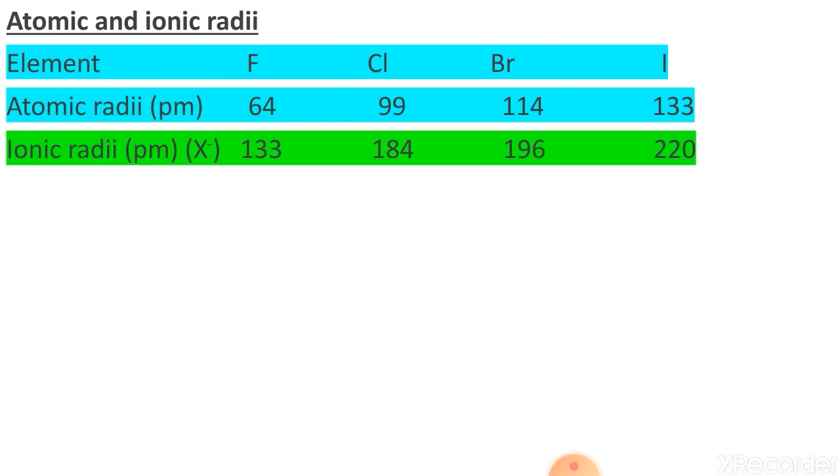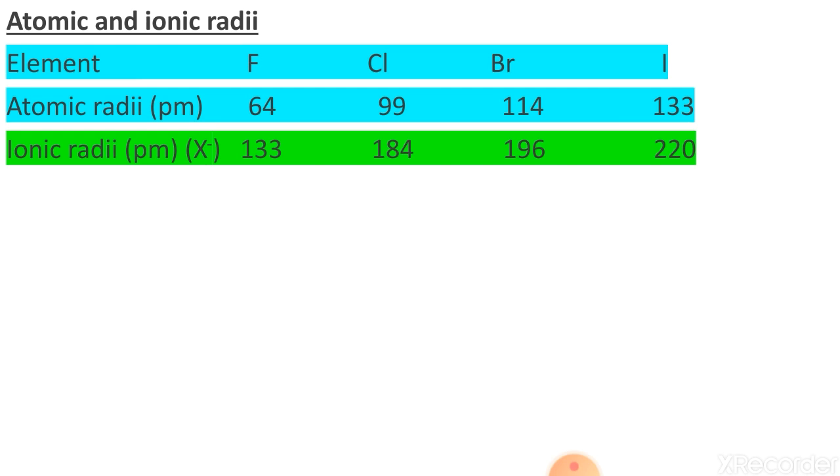Look at here, the elements are given: fluorine, chlorine, bromine and iodine. Atomic radii in pm are given: 64, 99, 114, then 133. Similarly, ionic radii are given in pm, that is X-. As you know, halogens are one electron short of the nearest noble gas configuration. That's why they can take one electron to complete their octet, and hence the common ion is X-.